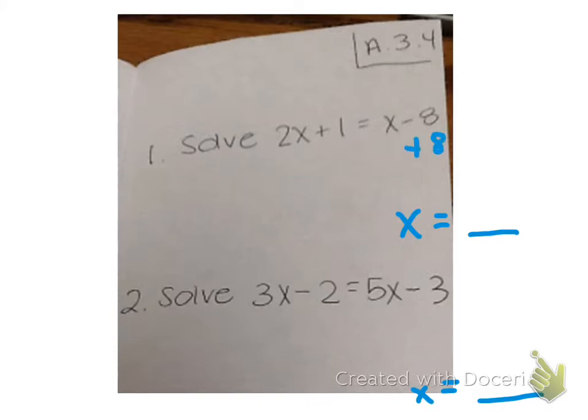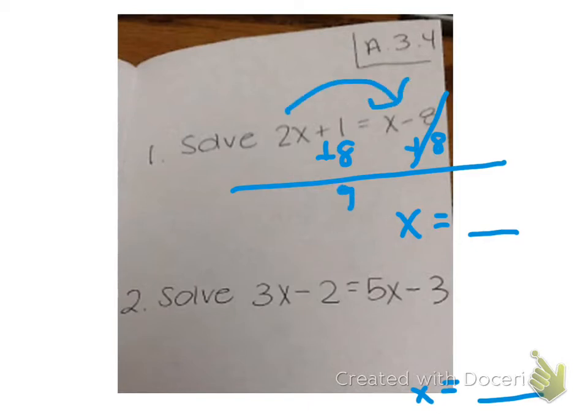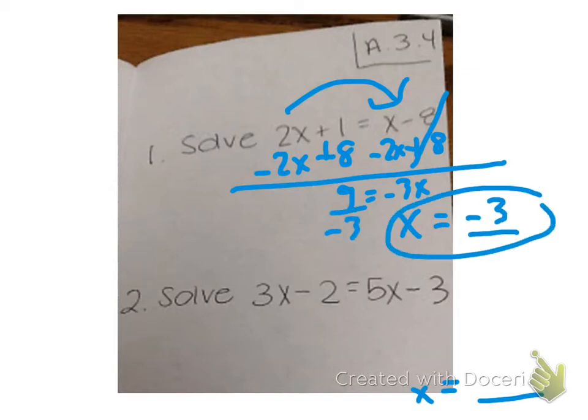So I like numbers to all be on one side, so I'm going to move the 8s to this side. So 1 plus 8 is 9. And I'm going to move all the x's to the other side. So subtract 2x equals -3x. So 9 divided by -3 is -3.